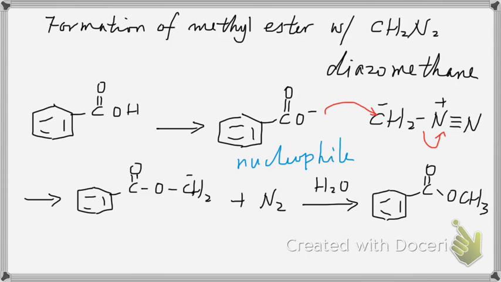So the nucleophile is the carboxylate ion. Okay, it's the negatively charged oxygen of the carboxylate that's attacking an electrophile. So the role of the carboxylic acid or carboxylate in these two esterification reactions is different.